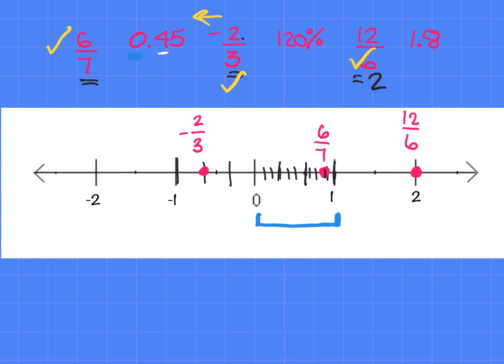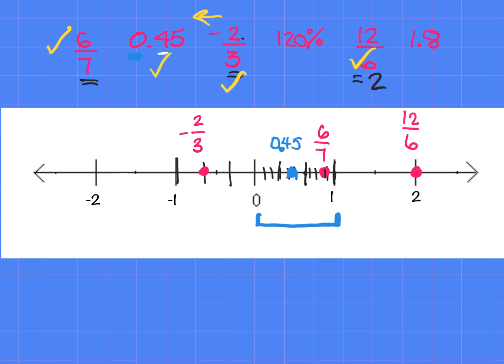Technically it's 45 hundredths, but we can just look at the 10th digit because we're just getting an estimate about where we would place it on the number line. So we've got 1, 2, 3, 4 tenths is here. 5 tenths is here, which is a half. So 0.45 would be right in the middle there. So there would be 0 and 45 hundredths. Very close to a half.